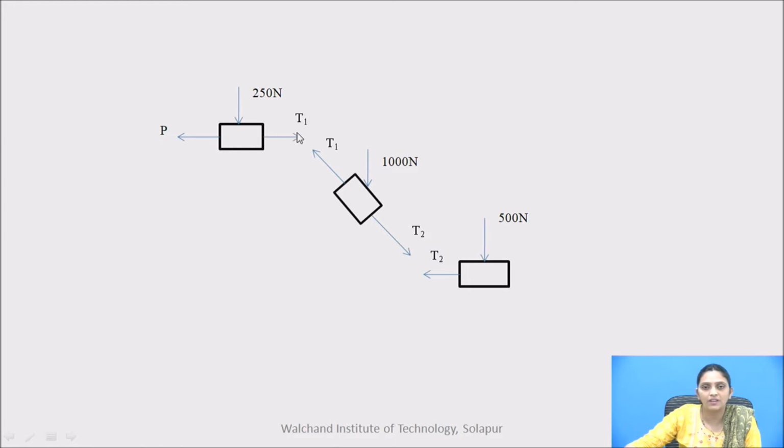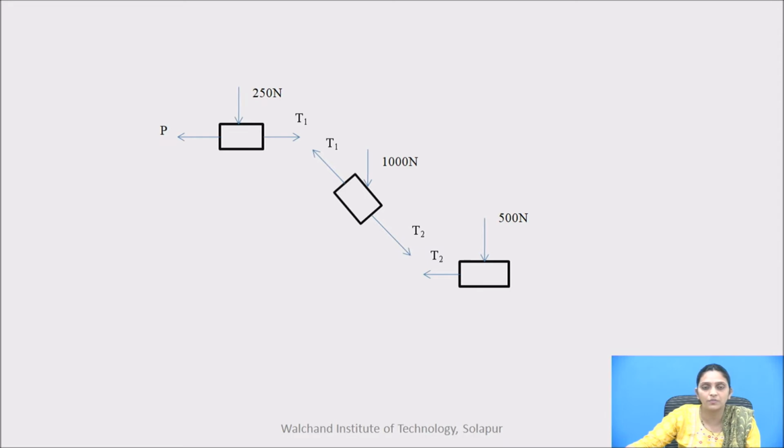It is one cable passing over a pulley, so the same tension will be there on both sides, both will be T1. Similarly here, this is the same thread, so the same tension will pass through this thread, which will be T2.